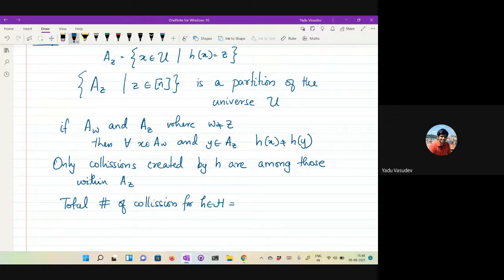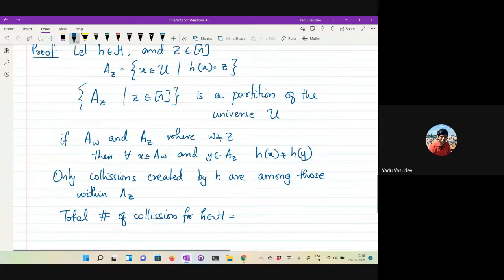Sum over A_z choose 2. Yeah, yeah, so that will be the total number of collisions. You're right.